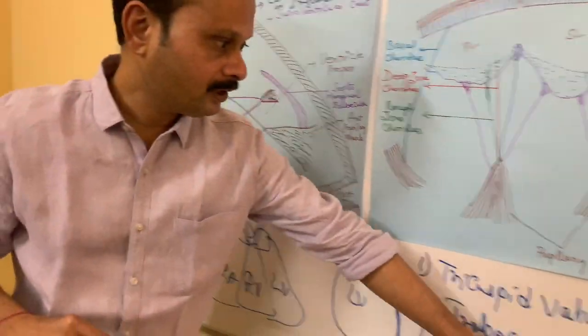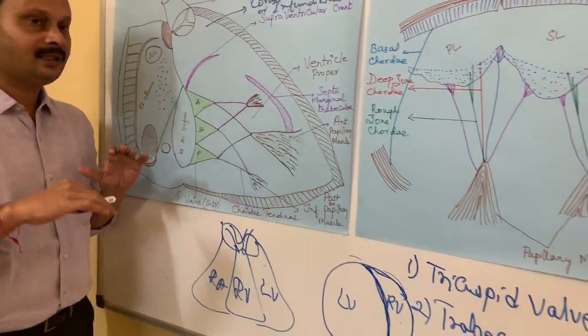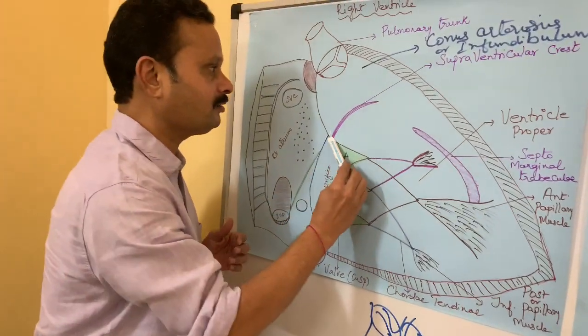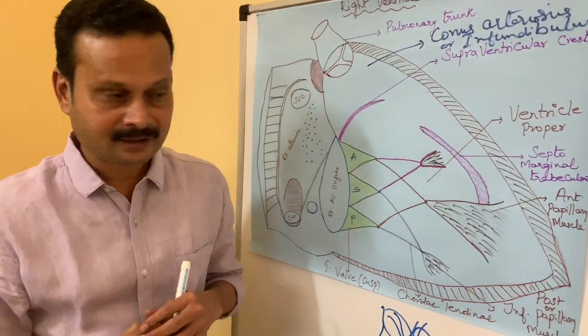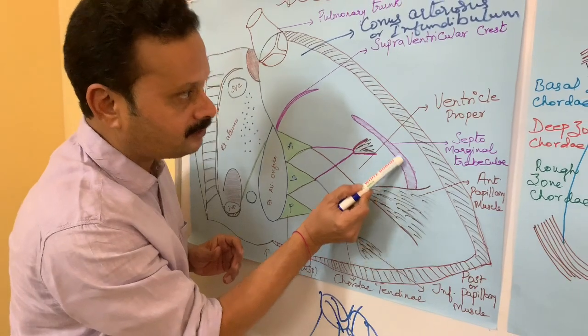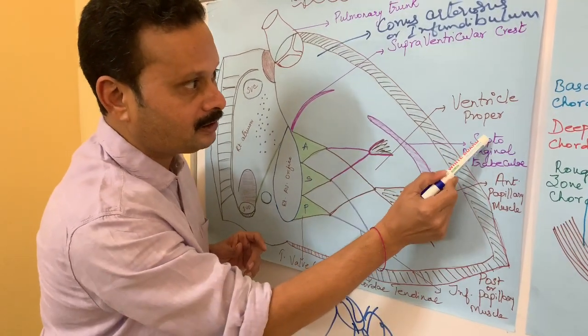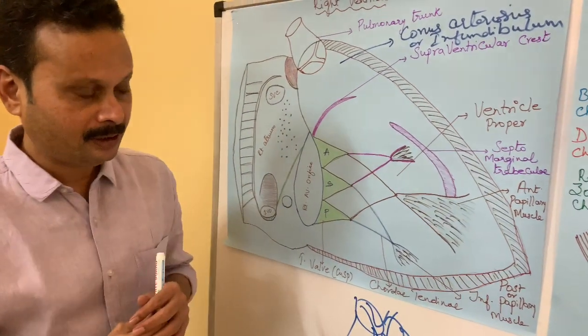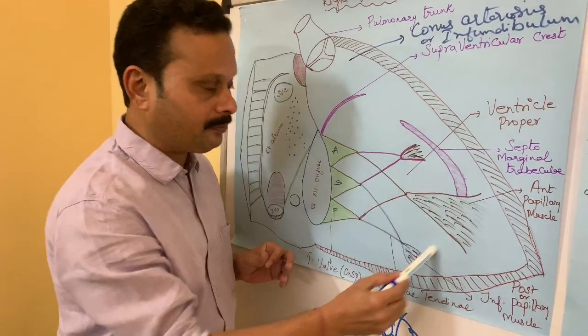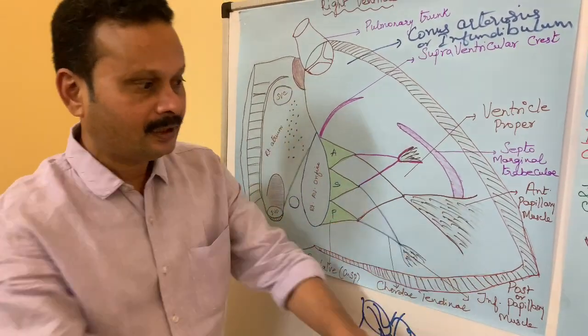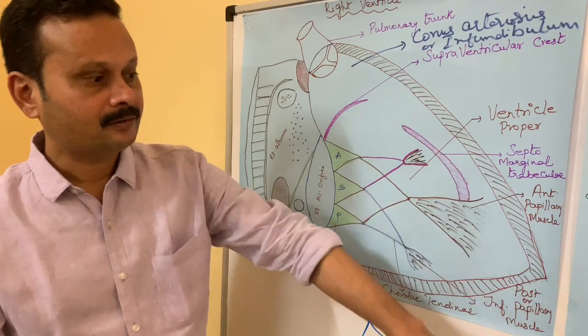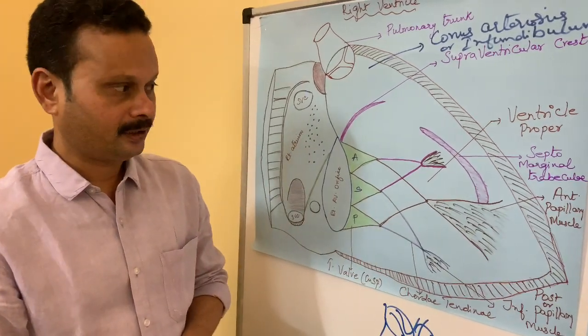Whereas the trabeculae carneae include ridges, like this supraventricular crest, bridges, like the septomarginal trabeculae, and papillary muscles. These three together are called the trabeculae carneae.